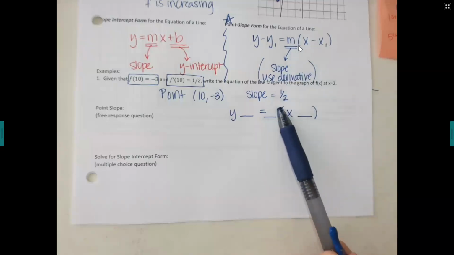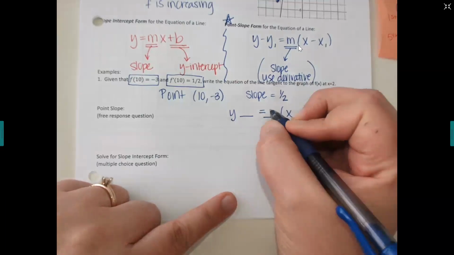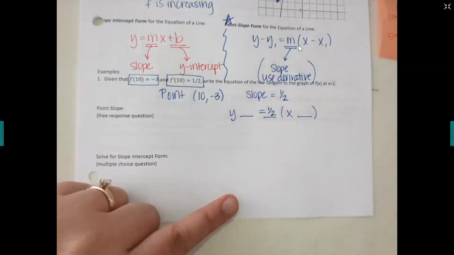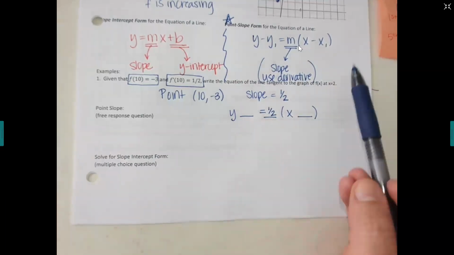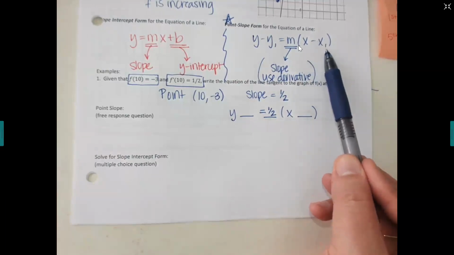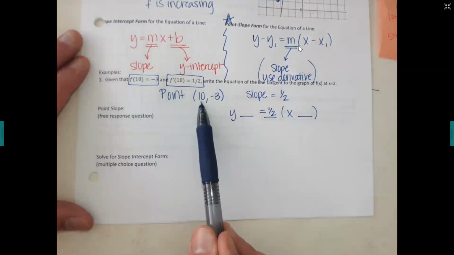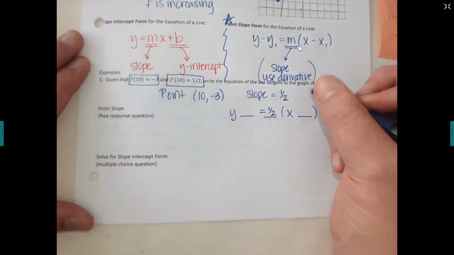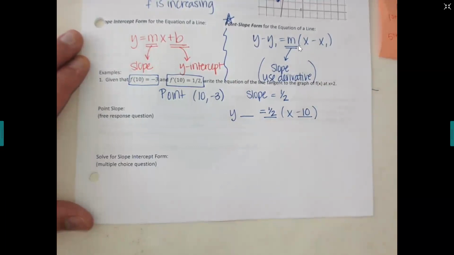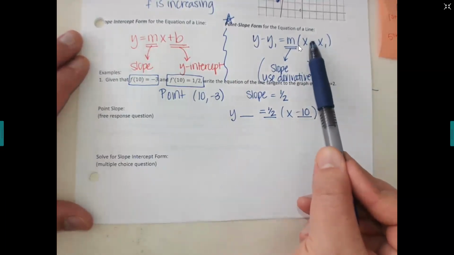A half needs to go here. I'm going to do 1/2 here. Then my x is a minus x1. What that means is that you're going to switch the sign. So if my actual x is a 10, I'm going to fill in a -10 in these parentheses, because the minus is built in, it's part of the formula.